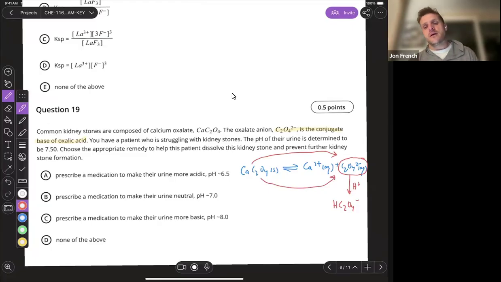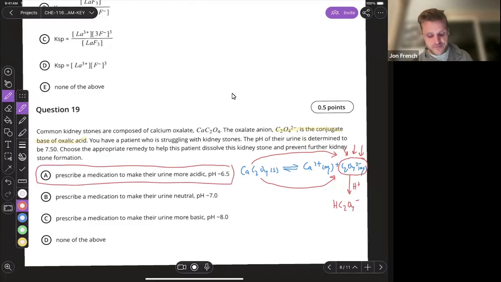So if I'm able to make this more acidic, it should be more soluble, because under acidic conditions, I'm going to protonate this conjugate base, which removes it from this equilibrium and allows more calcium oxalate to go into solution. So we would want to be on the more acidic side of that pH range. Certainly comparing 7 to 8, 7 would be better, but pH 6.5 would be even better. It would be even more soluble under those conditions.